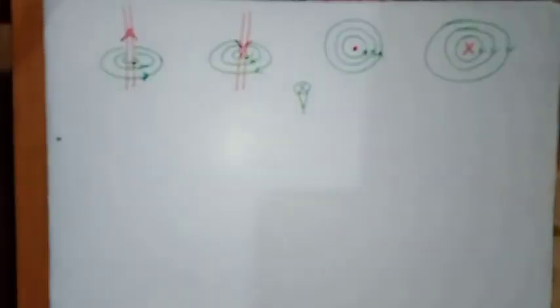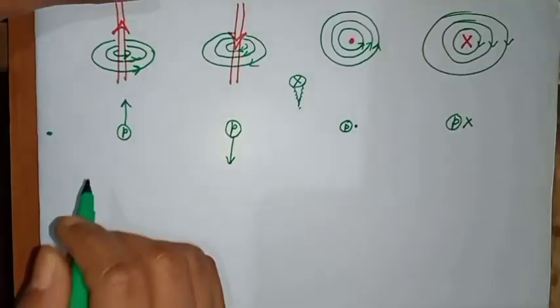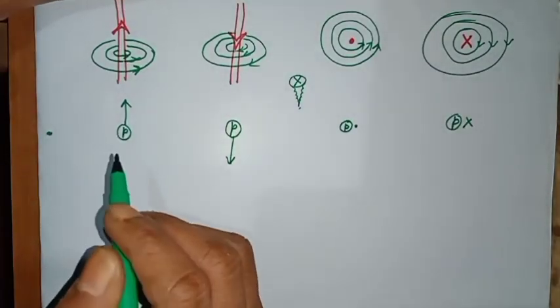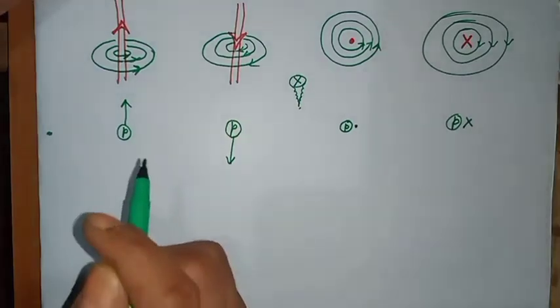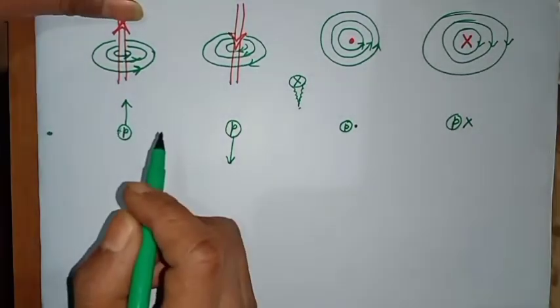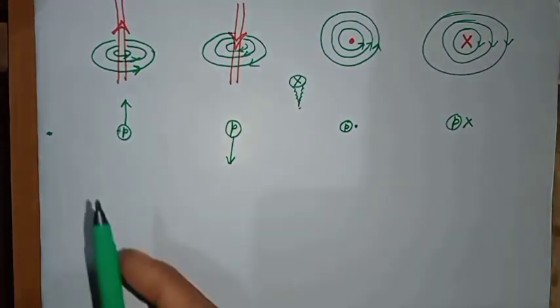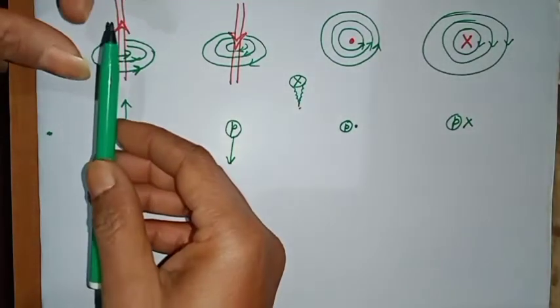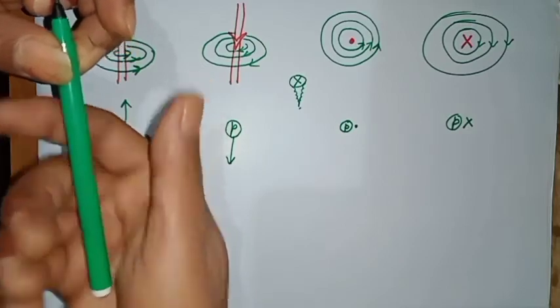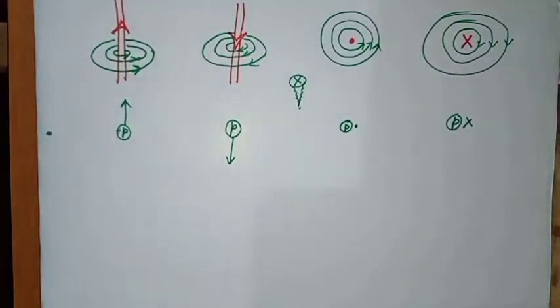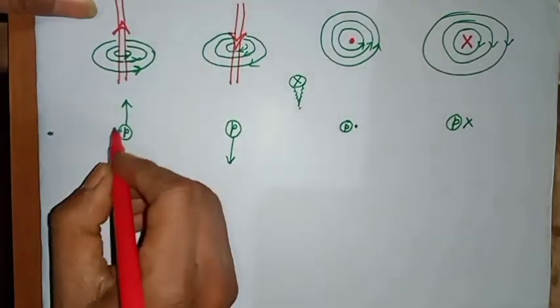That's all. Now let us suppose we have a proton which is going up. Will it produce a magnetic field? Of course, because proton carries positive charge. And in which way will it produce magnetic field? The answer is in the same way. Positive charge moving up, we will grip it, and magnetic field will look like this.